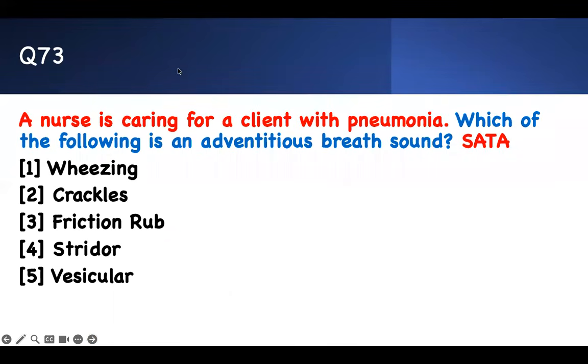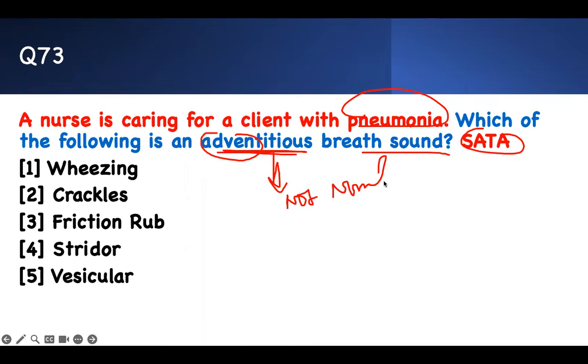Number 75. Select or apply. Same thing. A nurse is caring for a client with pneumonia. Which of the following is an adventitious breath sound? When you hear adventitious breath sound, the way I interpret it is this is not a normal breath sound. Wheezing is not a normal breath sound.